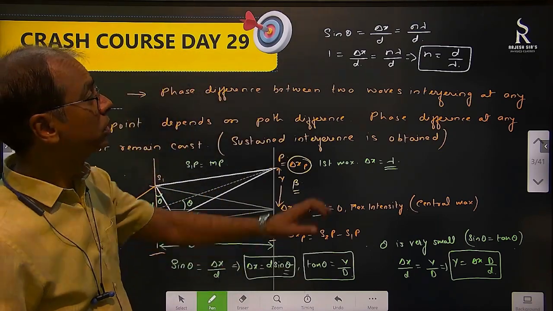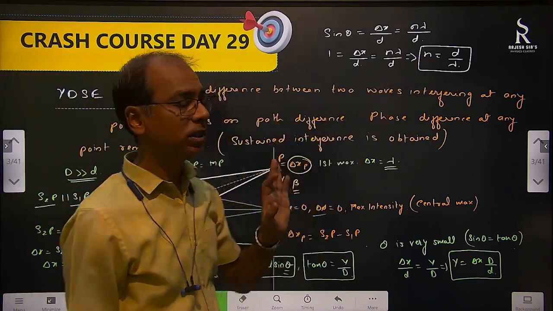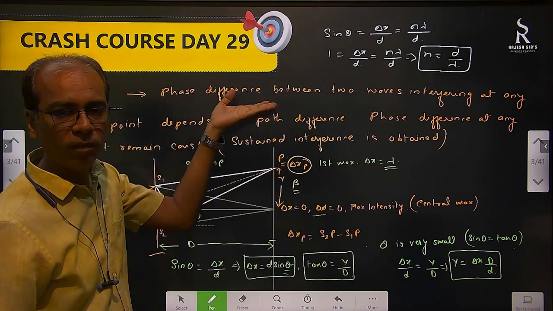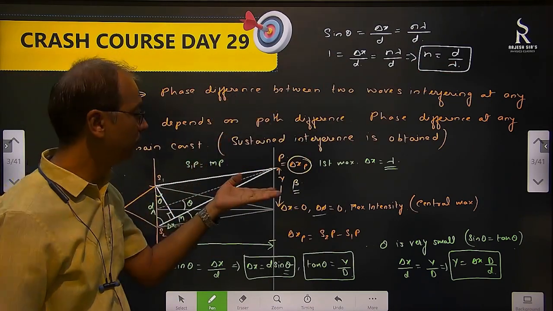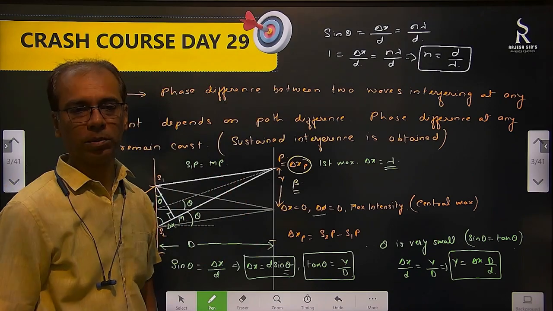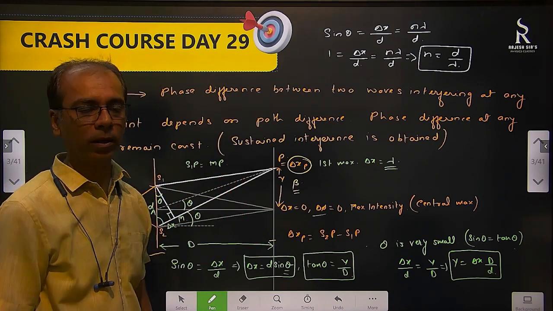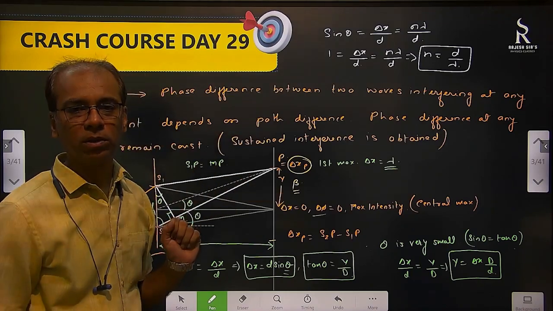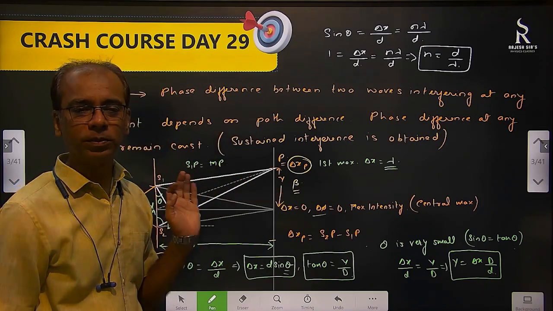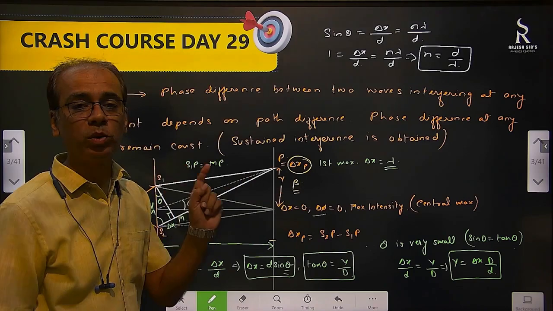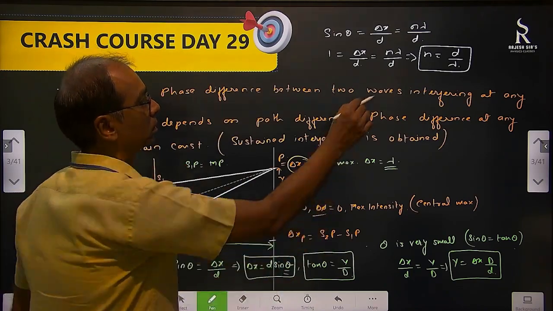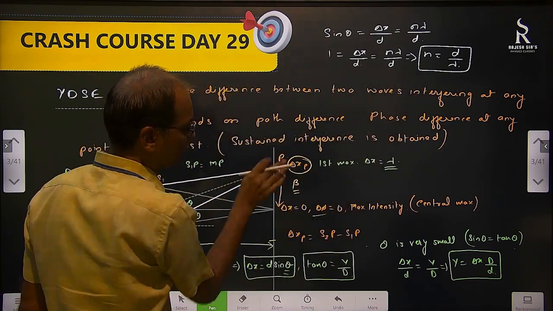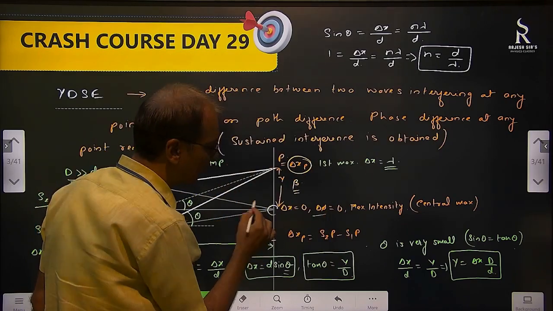So these many maximum intensities are possible above the central maximum. Same way below the central maximum also. Below also the same, above also the same. So what is the total number of maxima we are going to get on the screen? It will be 2n plus 1. This is above, the same is below, and then the central maximum is also there.